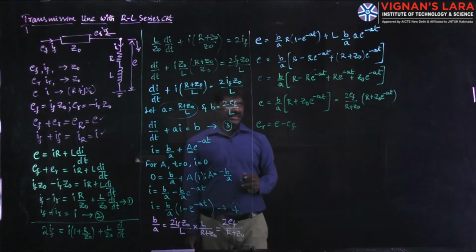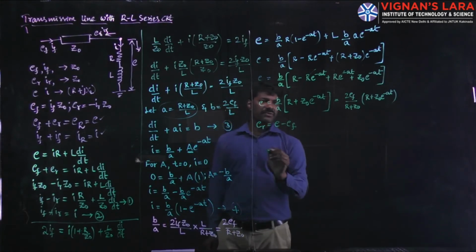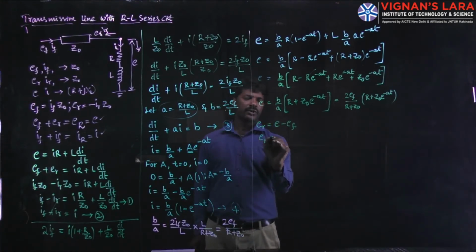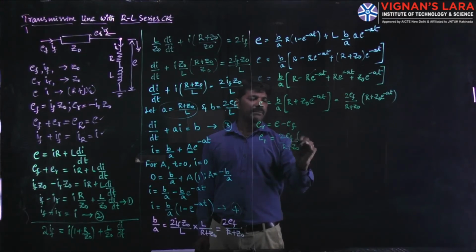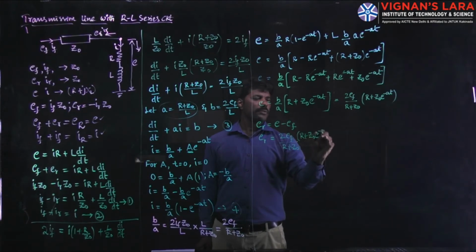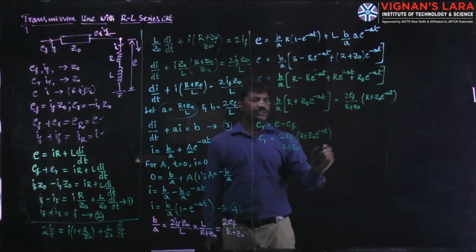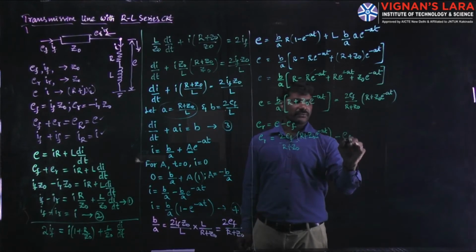Doing this simplification, we get the reflected voltage: the resultant value is 2EF by R plus Z naught multiplied by R plus Z naught into e to the power minus at, to be subtracted with the EF.